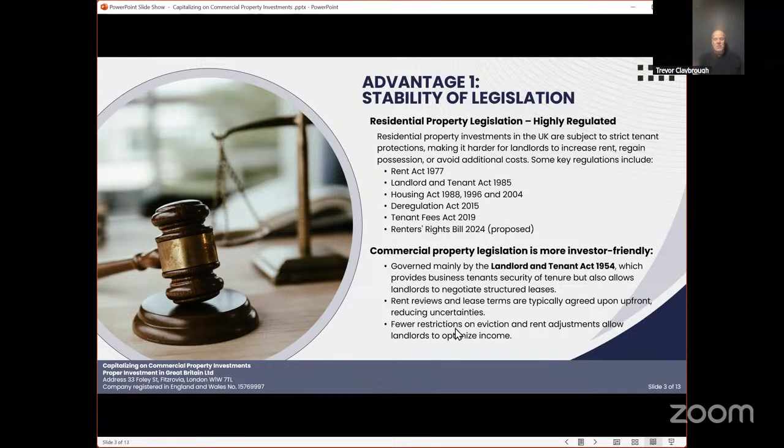So, fewer restrictions on eviction. Rent adjustment is much easier if it's been properly put in the commercial leases. So that's advantage number one, stability of legislation.